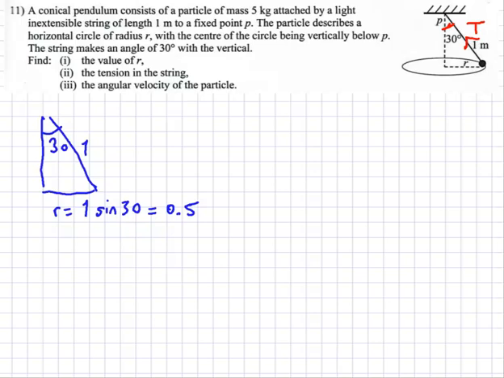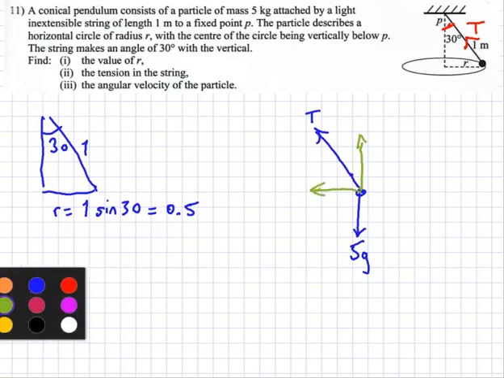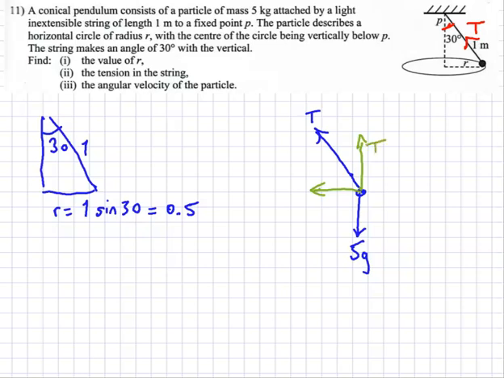Now if we draw and appreciate the forces that are acting, we have tension going at that angle of 30 degrees. We've got the object with a mass of 5, so the weight going down is 5g. The tension has two components to it, a vertical component and a horizontal component. The vertical is going to be that tension multiplied by the cos of theta, so T cos 30.